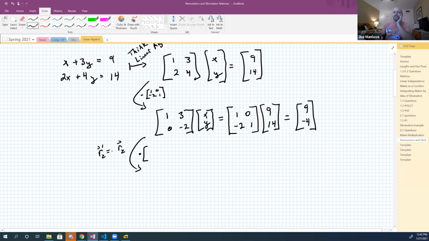What do you want to multiply that second row by to get -2 to become a 1? -1/2. Perfect. And notice that's the exact same algebra step that you would have done to solve, right? Just divide by -2.